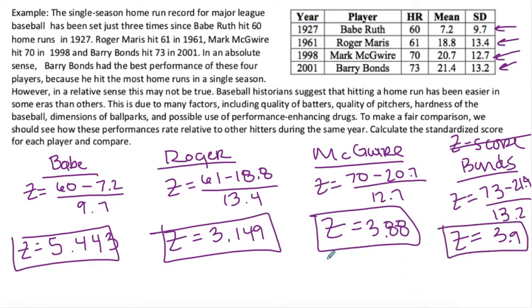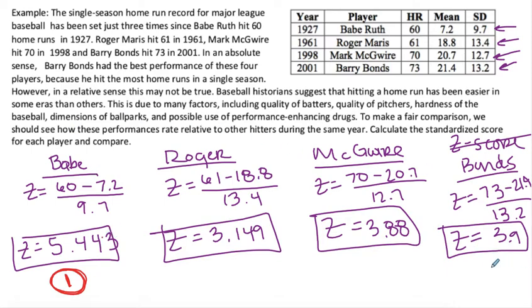All right, so if we were to rank these relative to the years that they made their home run records, we have a clear winner: Babe Ruth did something phenomenal in his year and his season. Not only did he hit 60 home runs, but that is 5.443 standard deviations beyond what other people were doing.